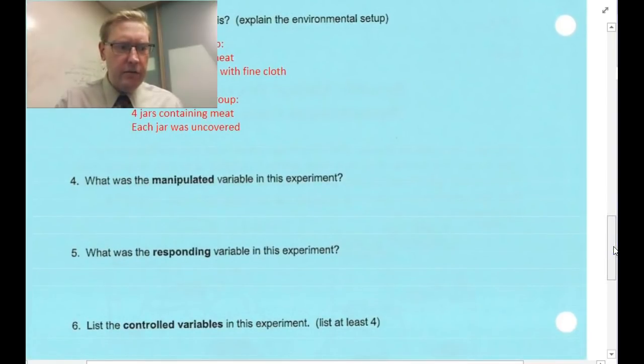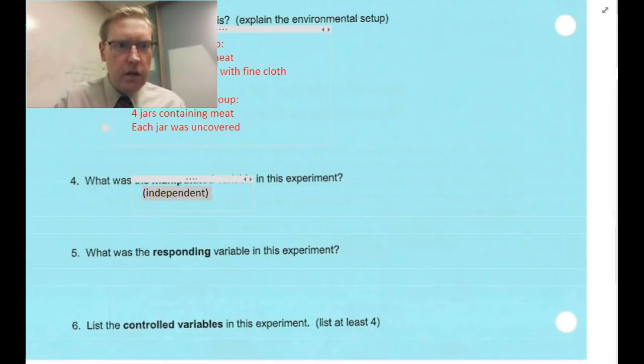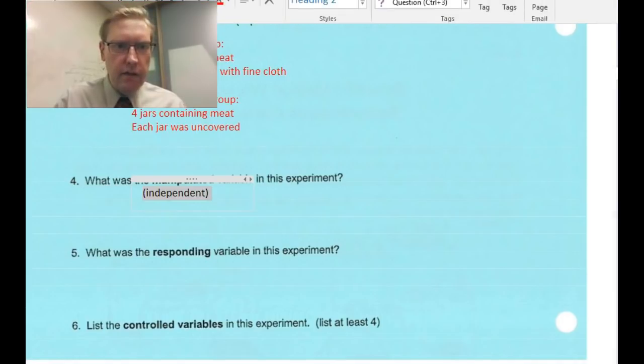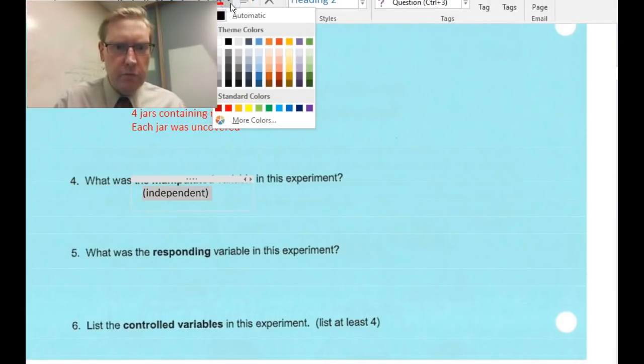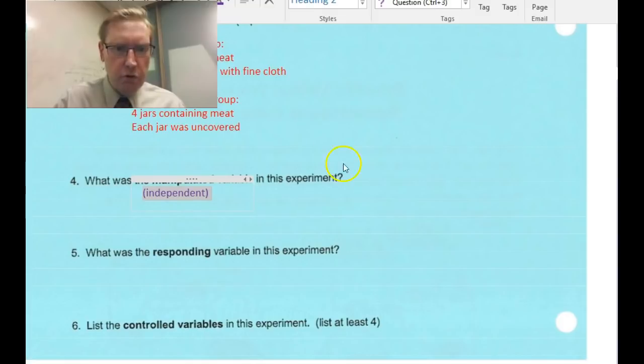Manipulated variable and responding variable. Before I get into the finer points of those variables, I think it's worthwhile to remind ourselves that another name for a manipulated variable is the independent variable. I think I'd like to change the color on that one. Maybe change that to a nice purple.